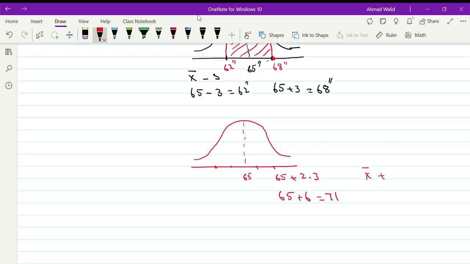X bar plus 2s and x bar minus 2s. On this side, it will be 65 minus 2 times 3, which gives you 65 minus 6, which gives you what? 59. It means 95% of your data will fall in this region.